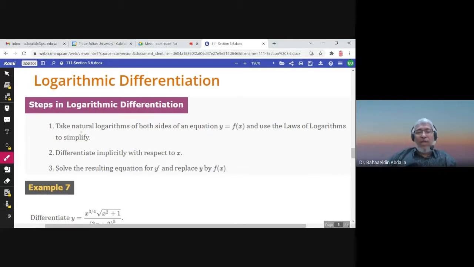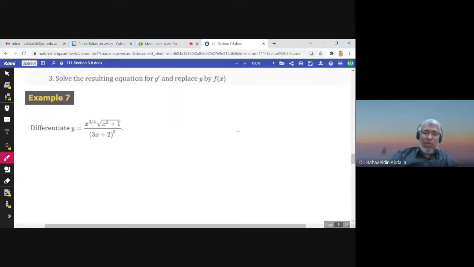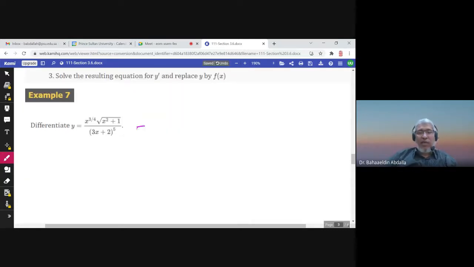We take the natural logarithms of both sides of the equation. So I start by saying ln y is equal to ln of x to the power 3 over 4 times square root of x squared plus 1 over 3x plus 2 to the power 5.